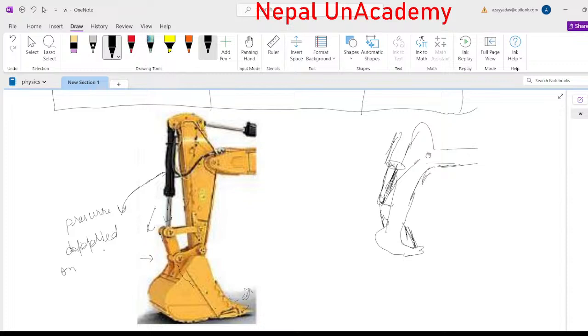How is the hydraulic machine able to dig? Because this will exert pressure, and this pressure will move this into the ground. When this exerts pressure, this part will go down, and when this one applies pressure, it will dig the ground. And that's all about the hydraulic machine.